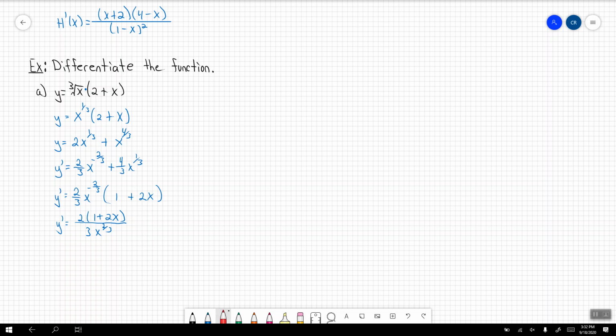So let's write up some tips here. From here to here, what we did is we factored the GCF of 2/3 x to the power of negative 2/3 from these two different terms.